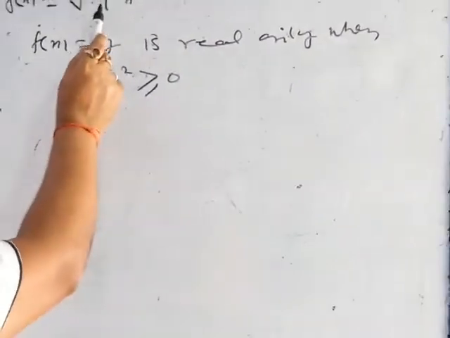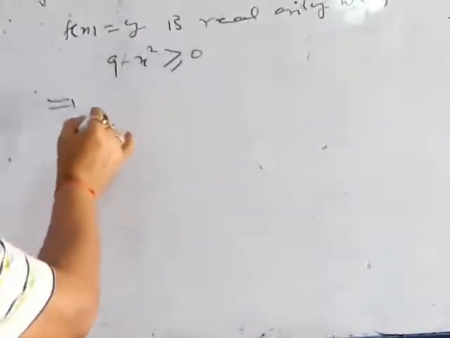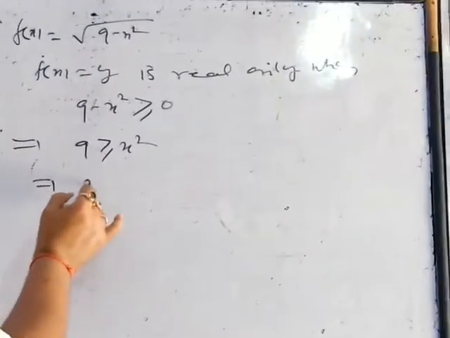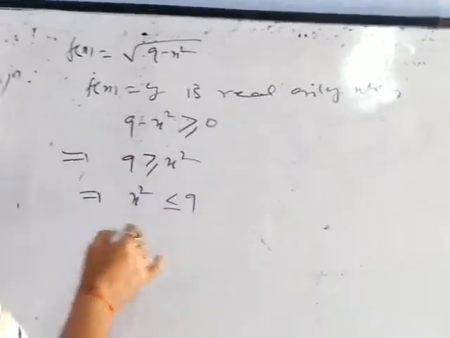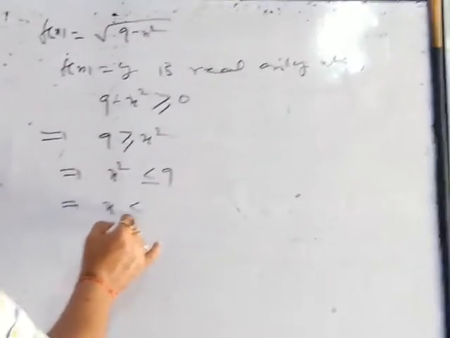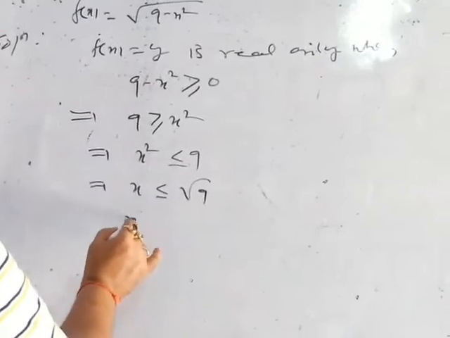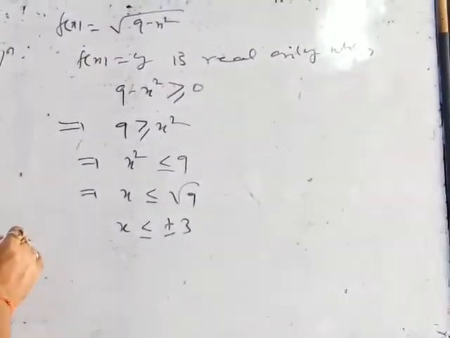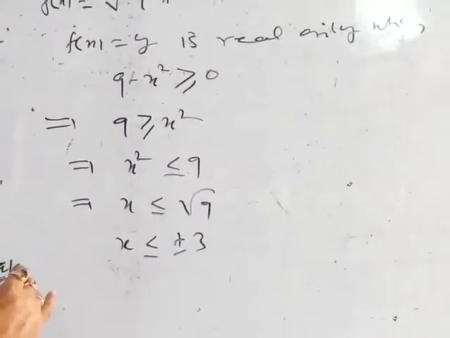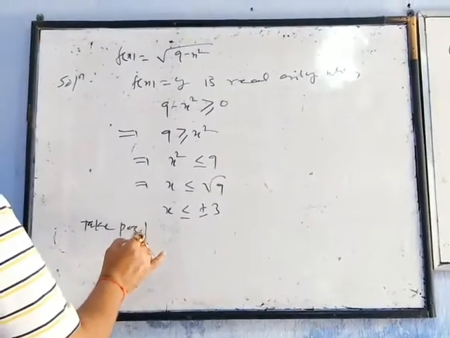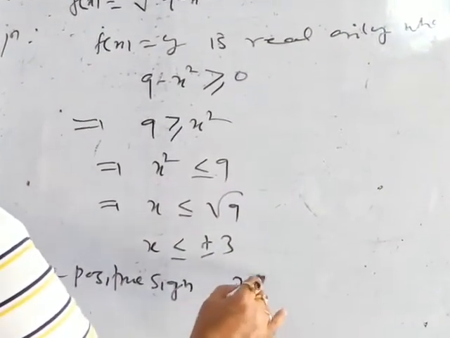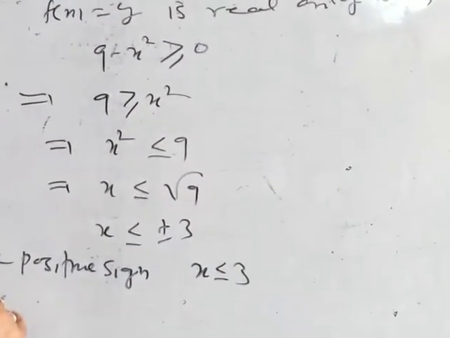So 9 is greater than or equal to x square, so x square is less than or equal to 9, so x is less than or equal to root over 9, that is plus minus 3. If we take the positive sign, then x is less than or equal to 3.